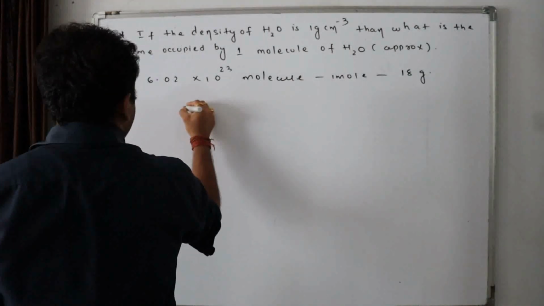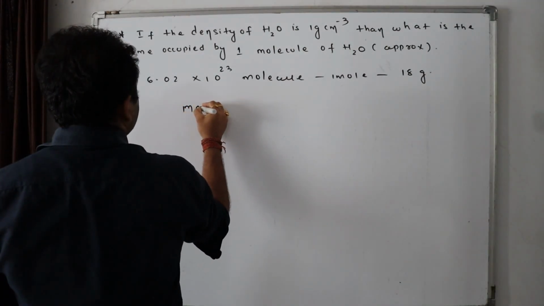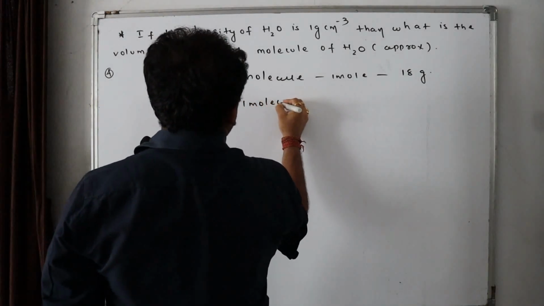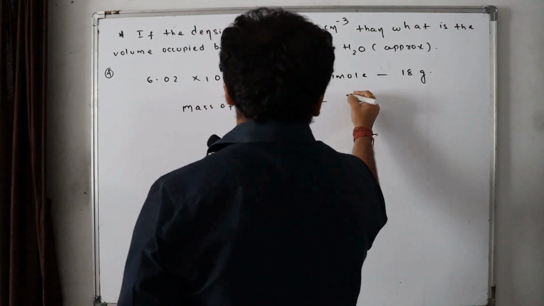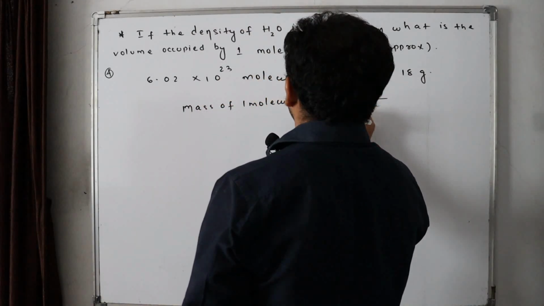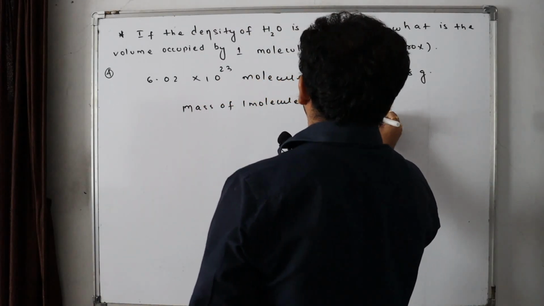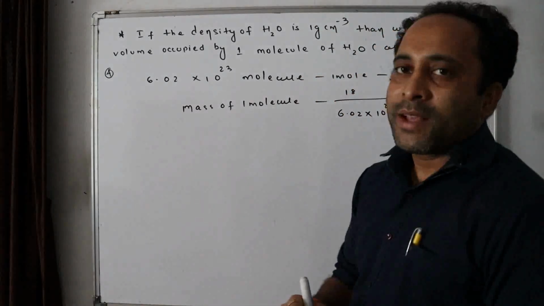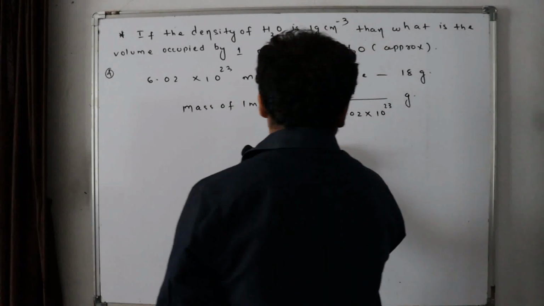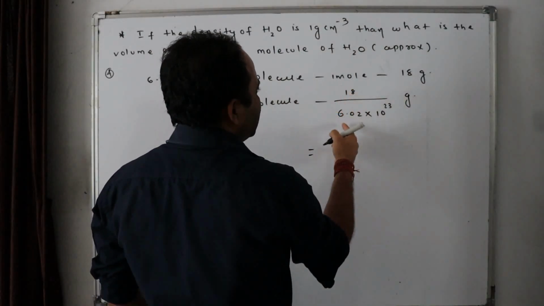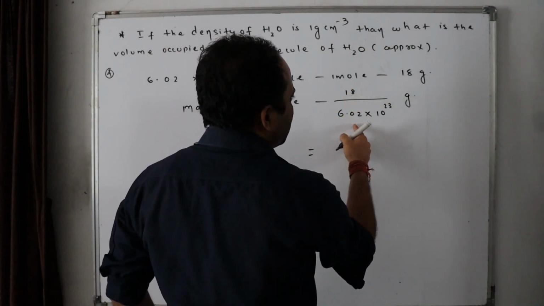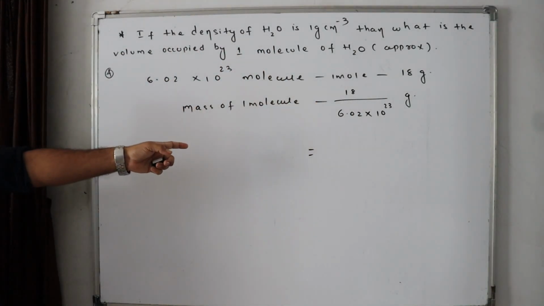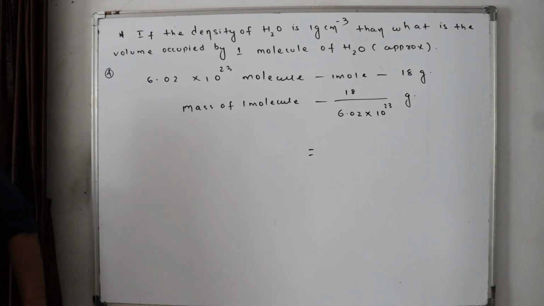So I can say mass of 1 molecule is how much? 18 by 6.02 into 10 to the 23 grams, isn't it? Is it approximately 18 by 6.02? If I divide 18 by 6, is it approximately 3? Easy or not?